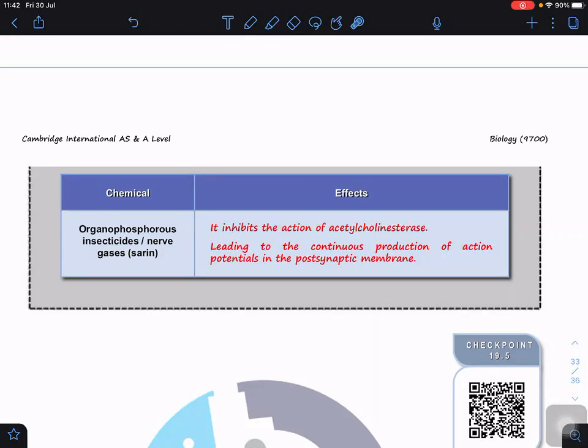Okay, so this nerve gas actually acts very fast. They use it as a biochemical weapon. Again, nerve gas has been used as a biochemical weapon. It's totally banned already, but some countries still use it as a biochemical weapon.